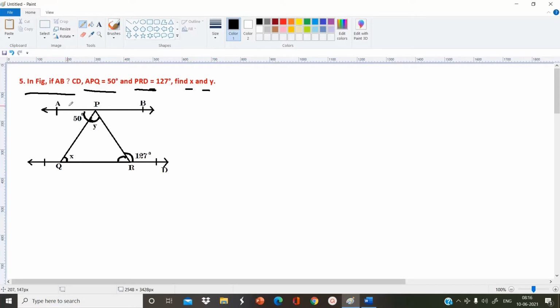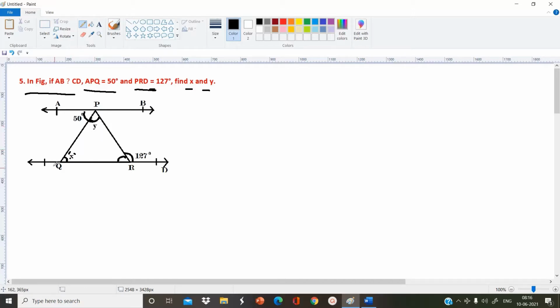Angle APQ is given, that is how much? 50 degrees. And the second one, angle PRD, is given as 127 degrees, and now we have to find out angle X. First we have to find out angle X, then next angle Y also we need to find out.